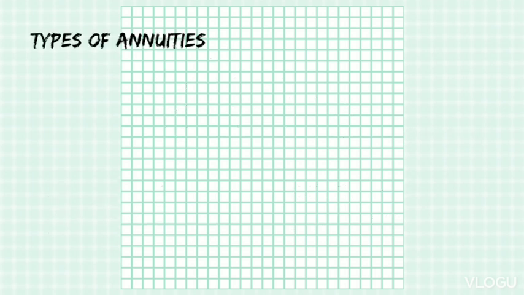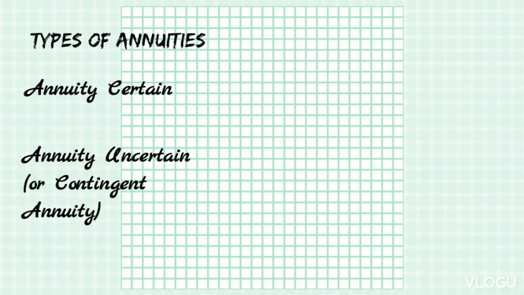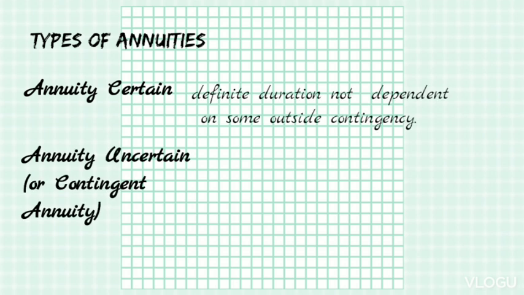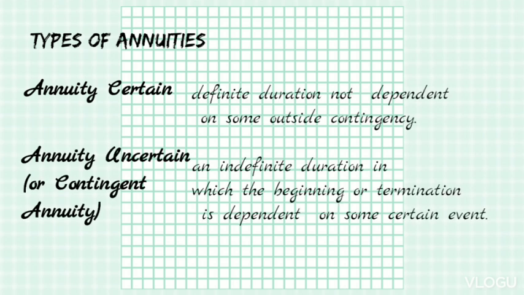We have two types of annuities, the annuity certain and the annuity uncertain or contingent annuity. Annuity certain is an annuity payable for a definite duration not dependent on some outside contingency. It means that this annuity begins and ends on a definite and fixed date.